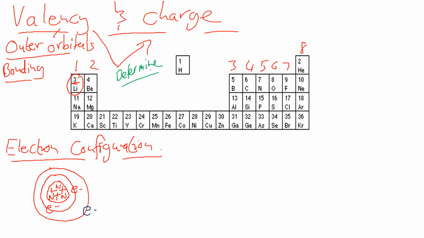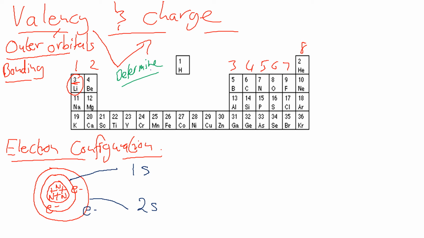Now when it comes to electron configuration, this first orbital closest to the nucleus is known as the 1s orbital. The second orbital is known as the 2s orbital.